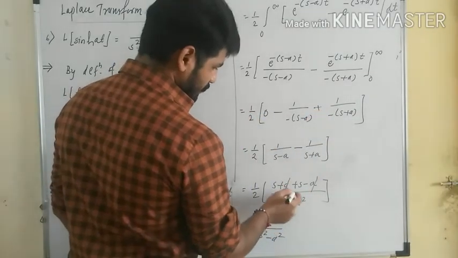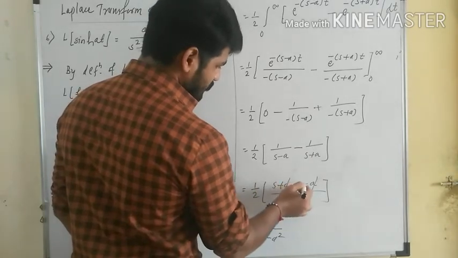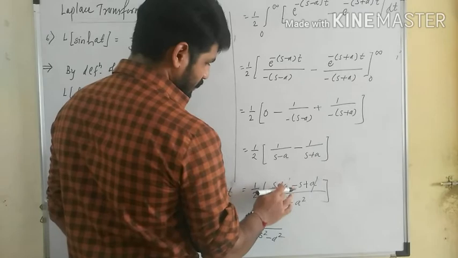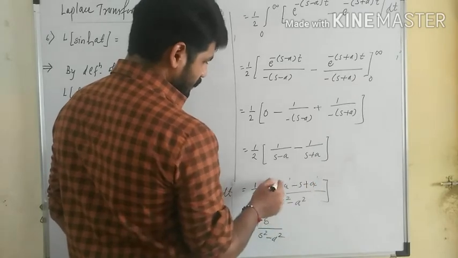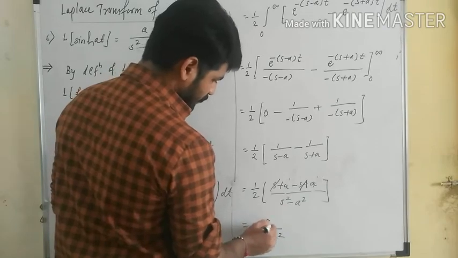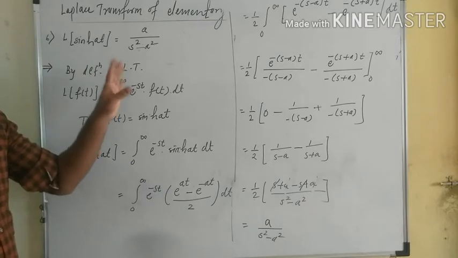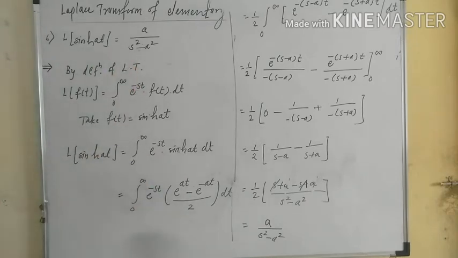Now we get s plus a minus s plus a, so s cancels, a plus a is 2a, and this 2 cancels, so we get a. So this is the required Laplace transform of sine hyperbolic at. Try this at home.